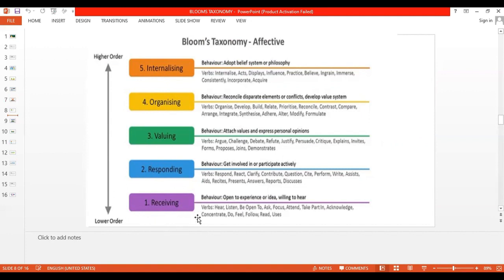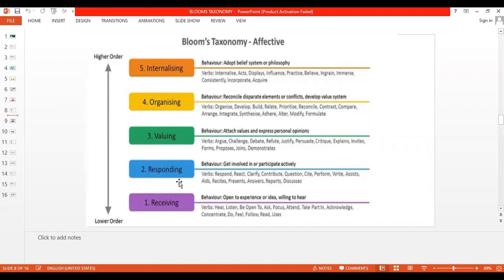So these are all the attributes of receiving, like hear, listen, be open to talk, focus, attend, etc. For example, listening to and being aware of the names of newly introduced participants can be an example of receiving.